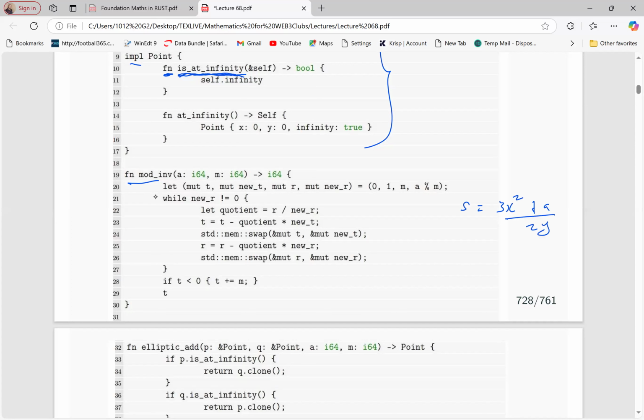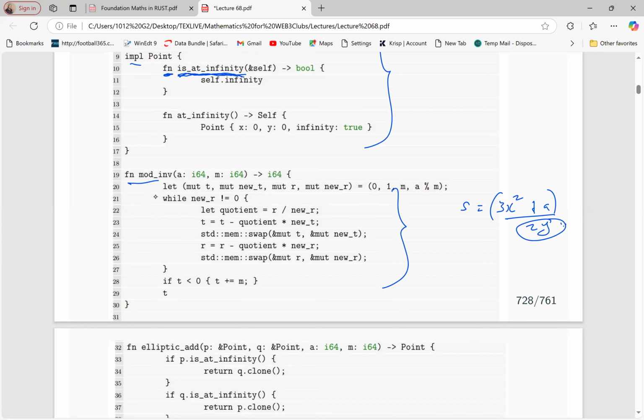So we are getting the inverse of this denominator, and then you multiply the inverse by the numerator. This is what this function is doing. This is when you are doing point doubling.